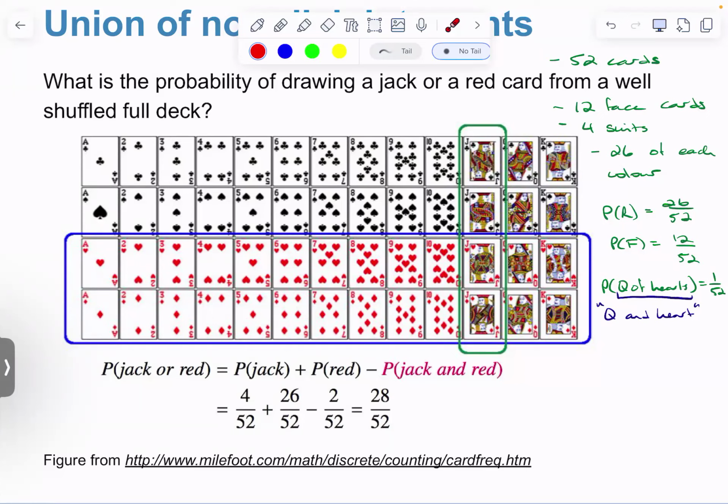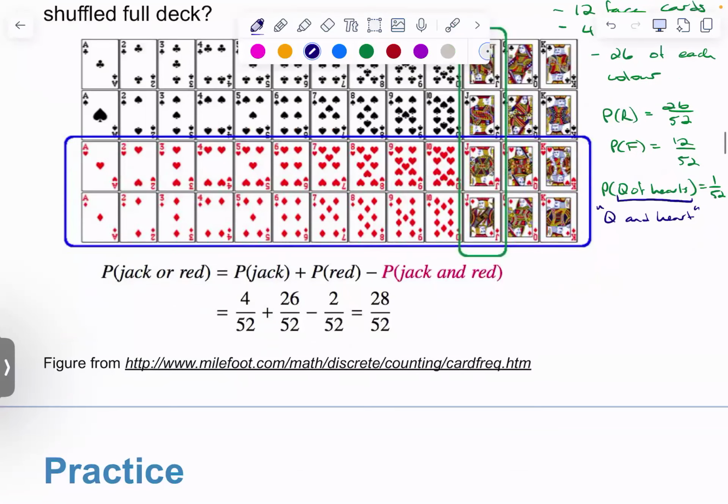If we have this image, it helps. If you're not familiar with the jacks, the jacks are these guys here. If we want to know the probability of drawing a jack or a red card, now we're introducing this new term, well, maybe not new to us, but new in this sense. It can be a jack or a red, and it's also allowed to be a red jack card.